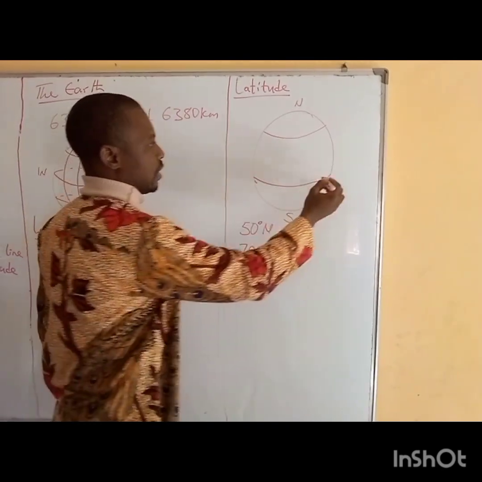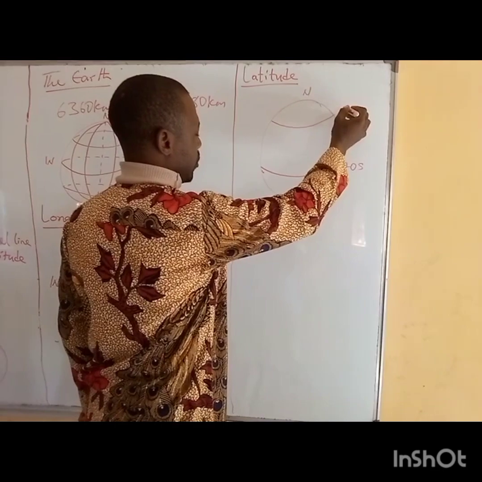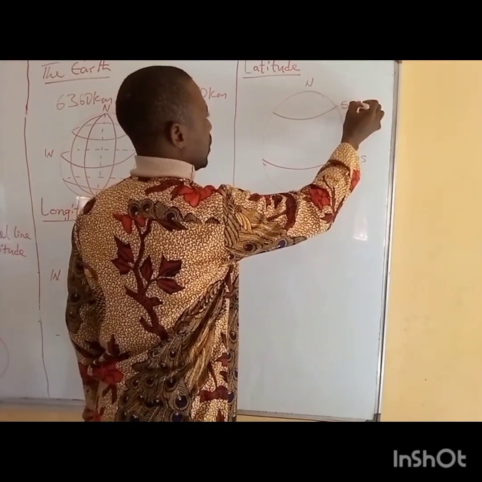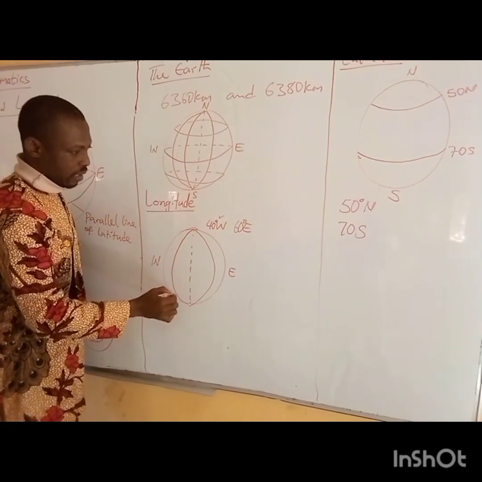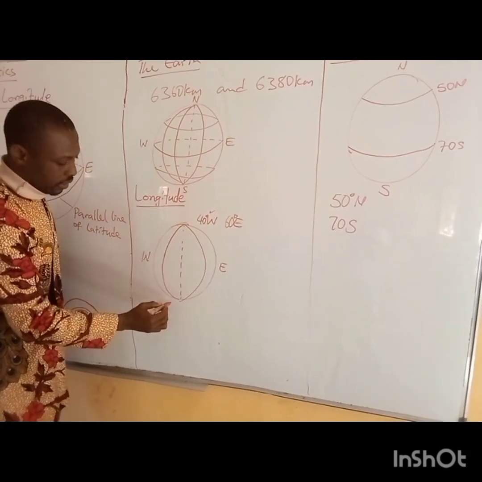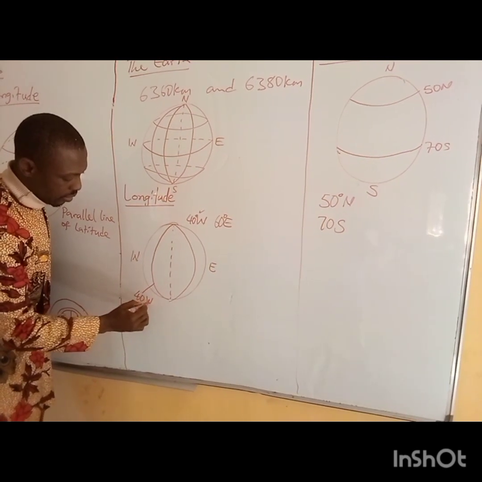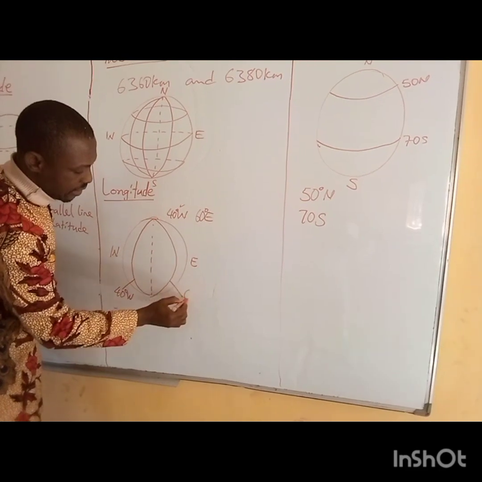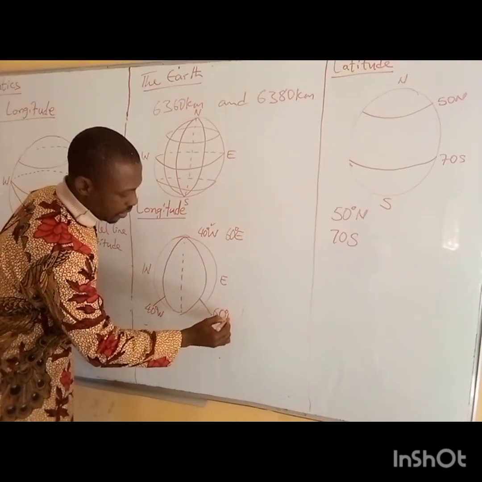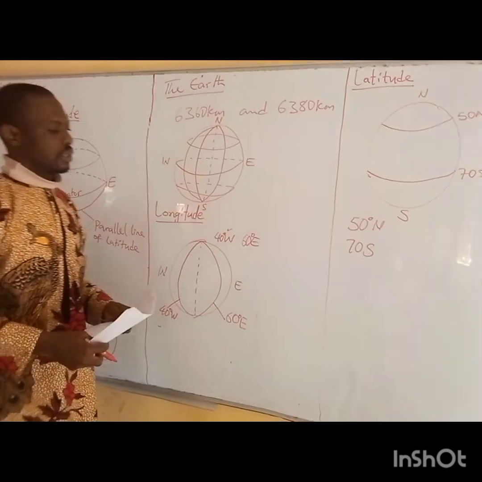So this place can be 70° south, this could be 50° north, while this one could be 40° west, and then this one could be 60° east.